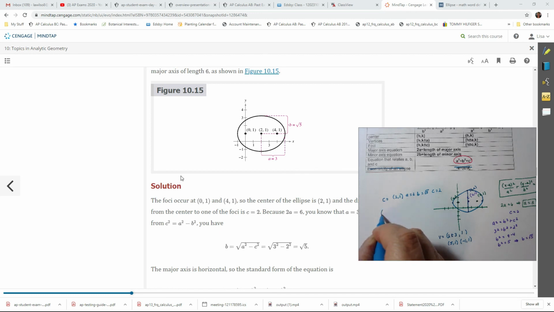I'm going to have (x minus 2) squared over a squared, and a squared is 9, plus (y minus 1) squared over b squared. The square root of 5 squared is just 5, equals 1. And that's the equation in standard form of that ellipse.